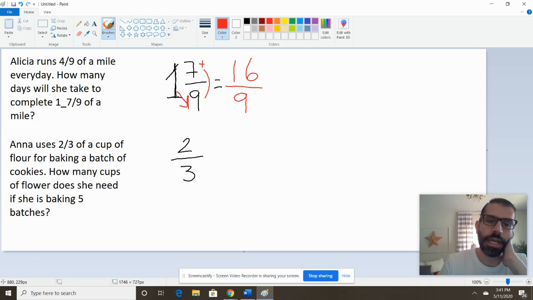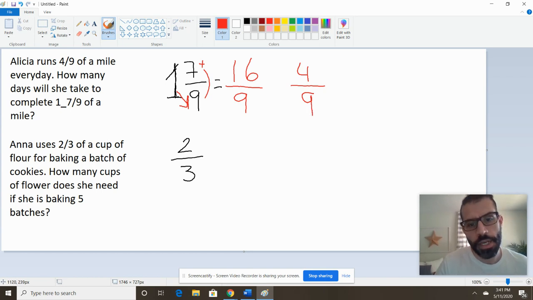Okay, so now that you know the equivalence, now that you know that 1 7/9 of a mile is equivalent to 16 nines, then you can use repeated addition. And this is an approach to this word problem using what we already learned throughout these different lessons in the past weeks. So we know that each day she runs 4/9, right?